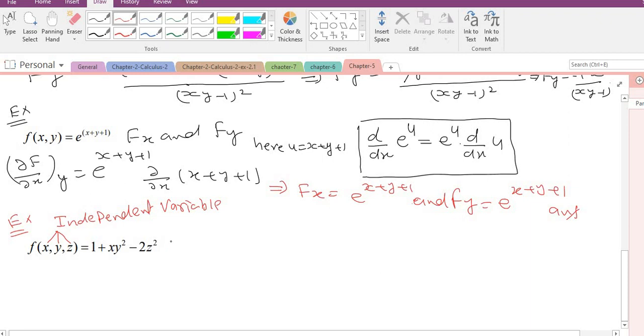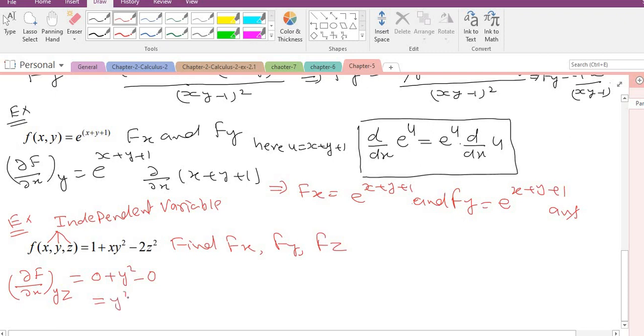So what he is asking, find f of x, f of y and f of z. F of x means partial derivative of f with respect to x, treating y and z constant. So now I am going to check what is del f del x, because the 2 other variables, y and z, are constant. So del x of 1 is 0, plus del x of x is 1, y^2 is constant, minus this full constant.